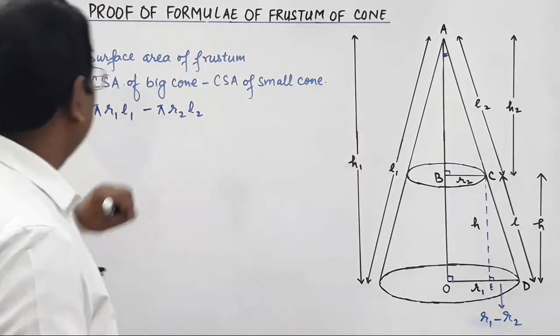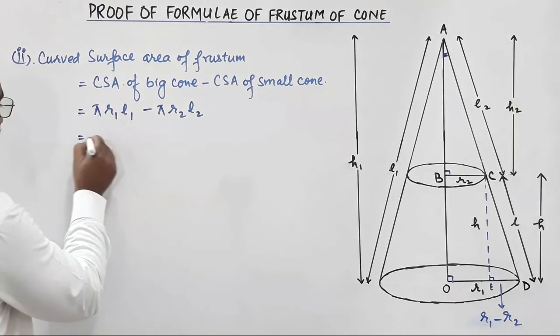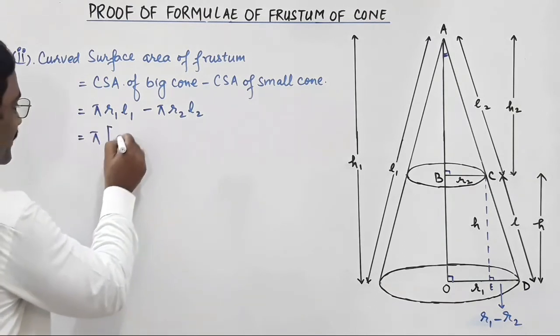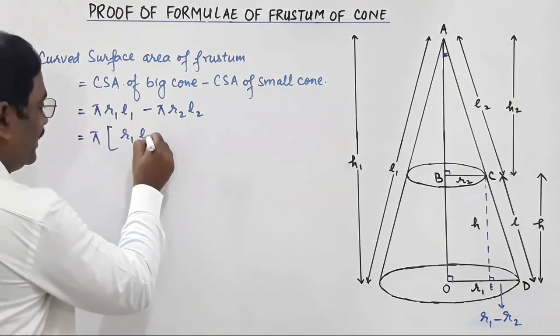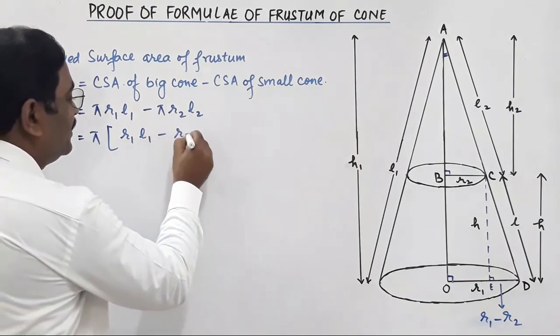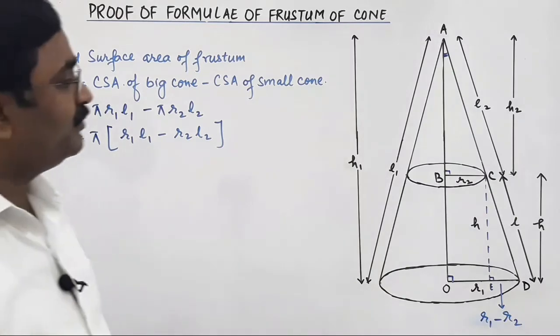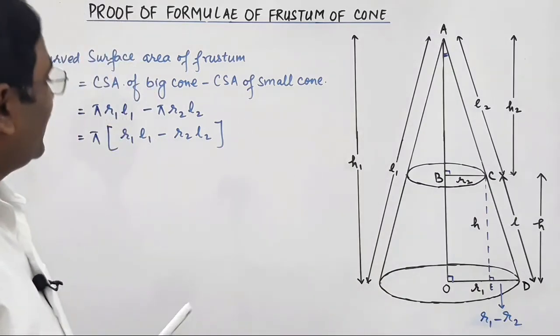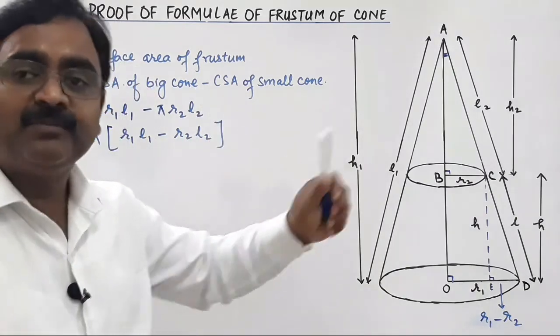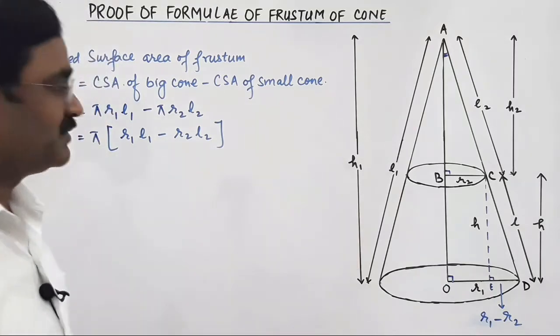Now take the common from these. Pi is common, so we will get R1 L1 minus R2 L2. The value of L1 from the second equation and the value of L2 from the third equation we have to substitute.